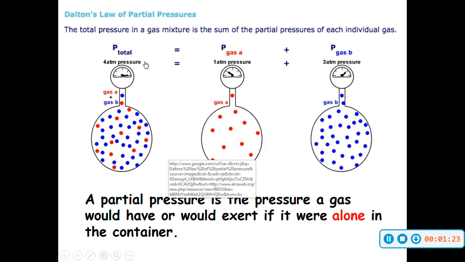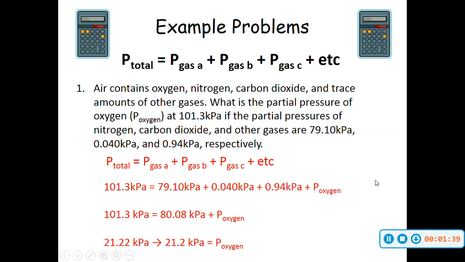If you knew the total, but didn't know the pressure of gas B, well, if you know your total is 4 and gas A is 1 atmosphere, then all you would have to do is subtract those two values and you would get 3 atmospheres. Oh no, I gave you all the answers already. My bad. Okay, so example number 1.